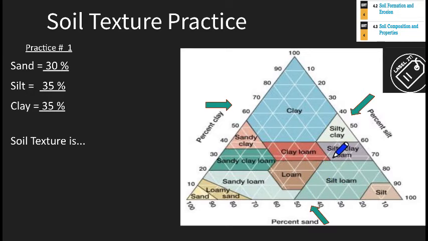Basically, you have a percent sand, it's 30%. So we find 30 here and mark it, and then we draw our line all the way across. We find our percent silt, and then we go down to the left, which is 35% silt. And then clay, 35% straight across here. So where these intersect is the soil texture. In this case, we have clay loam.